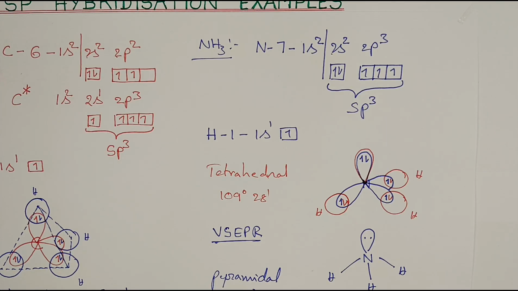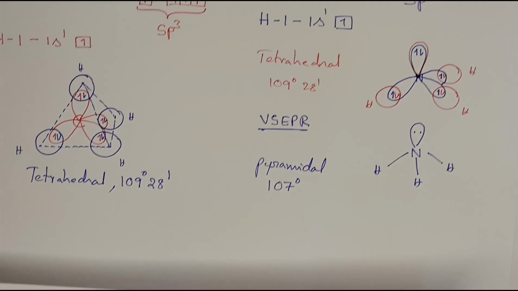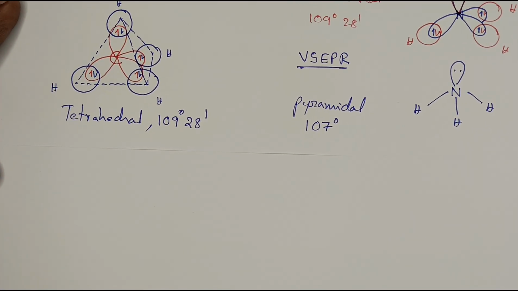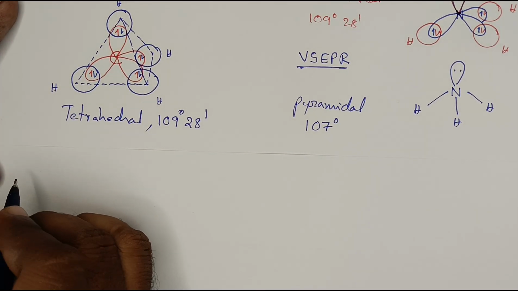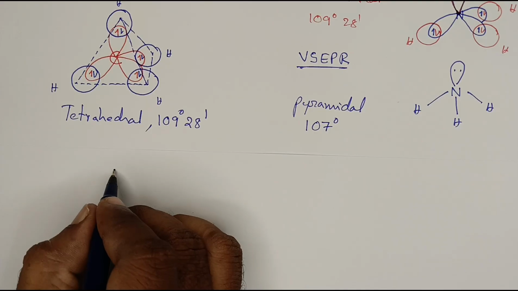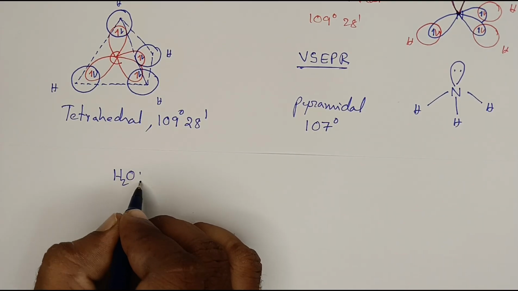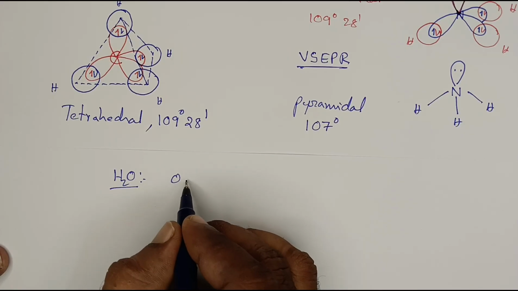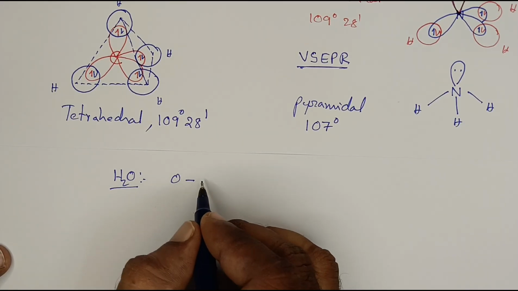Another example for sp3 hybridization is the H2O molecule. In the H2O molecule, the central atom is oxygen. Oxygen's atomic number is 8.